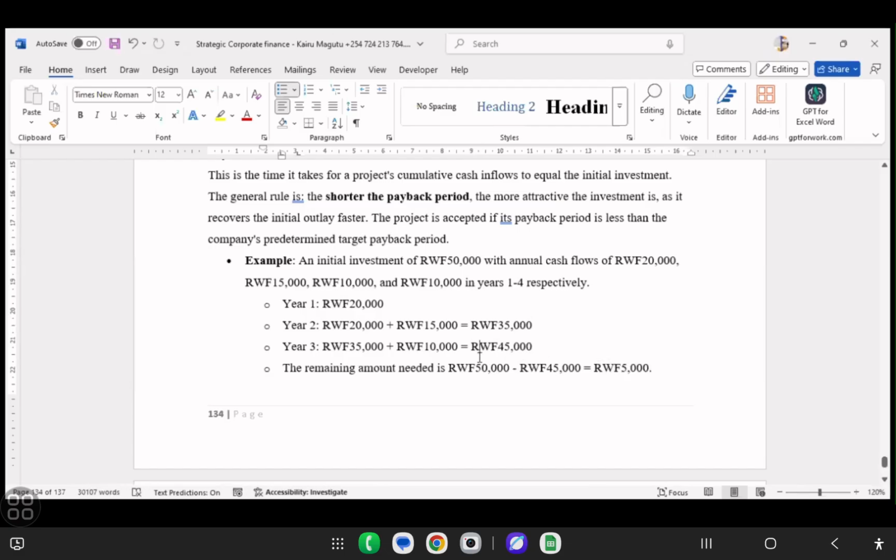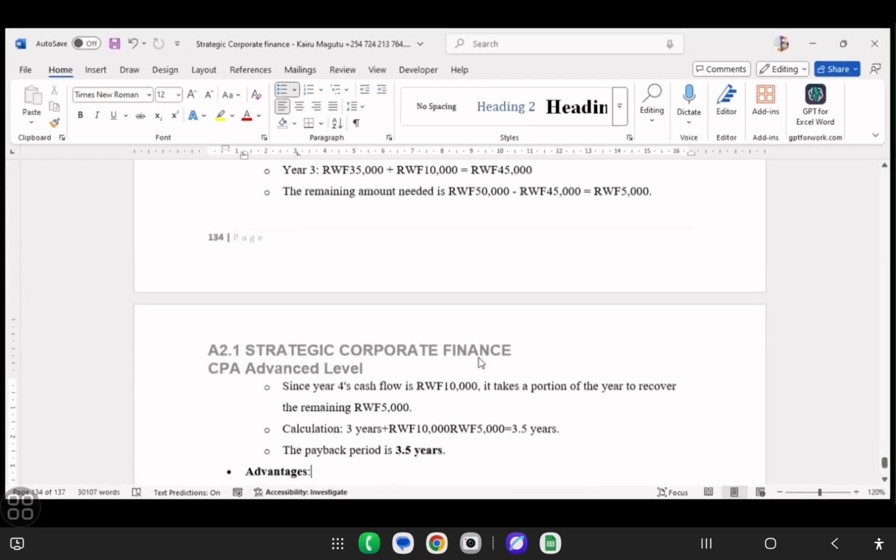But in the fourth year, how much are we realizing? Since year 4 cash flow is 10,000, it takes a portion of this year to recover the remaining 5,000. So in the calculation we say 3 full years plus the remaining amount.